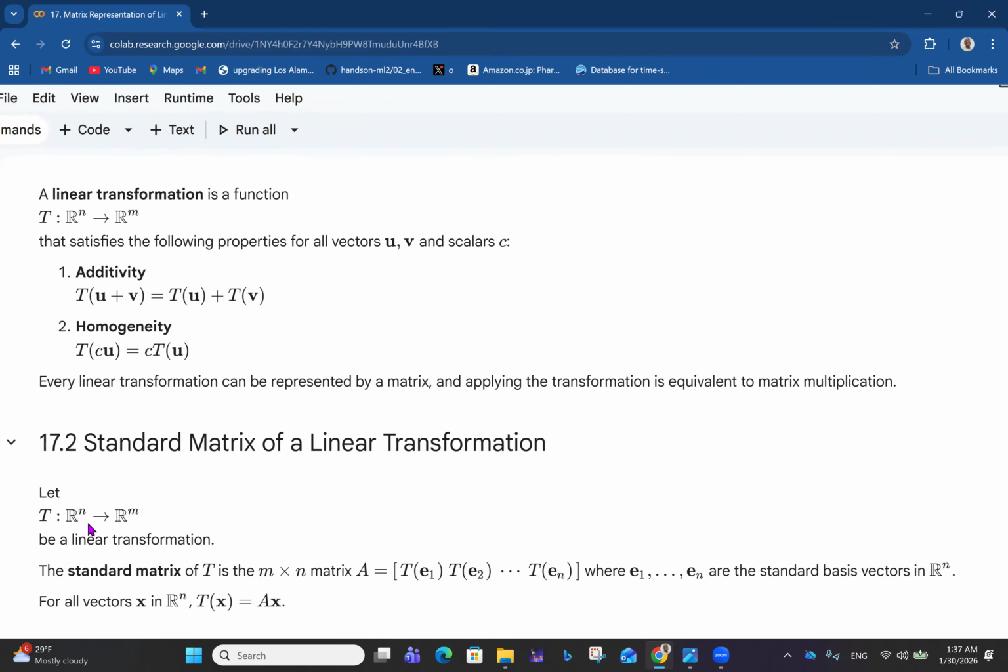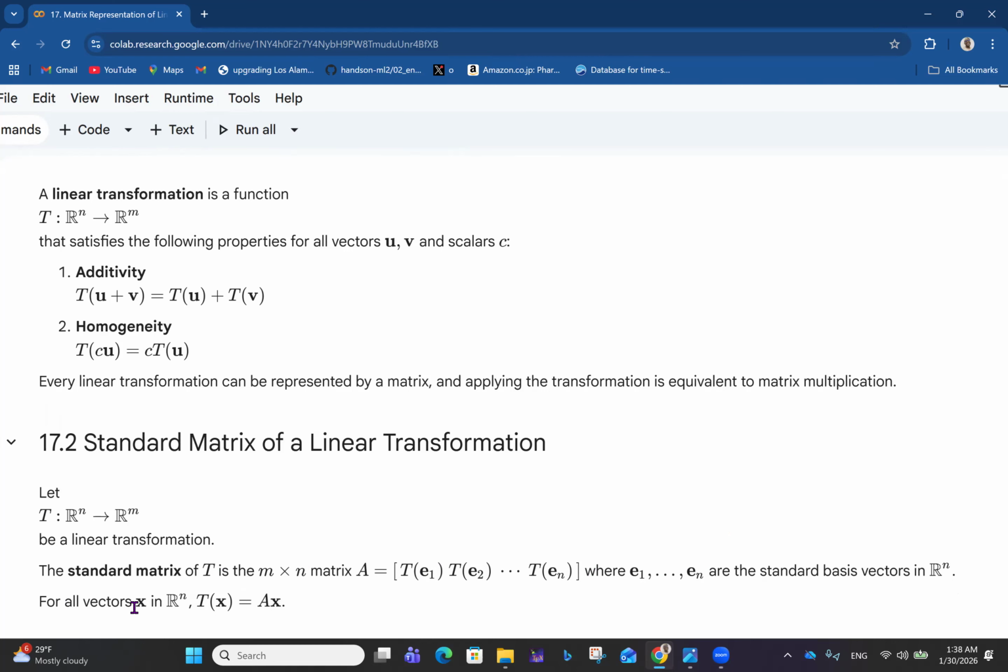So let T map Rn to Rm be a linear transformation. The standard matrix of T, so there's something called the standard matrix, and that's what we're looking at in this second section: the standard matrix of a linear transformation. The standard matrix of the transformation is the m by n matrix A, with the m coming first, such that you have the transformation of e1, the transformation of e2, all the way to the transformation of en, where e1 up to en are the standard basis vectors in Rn.